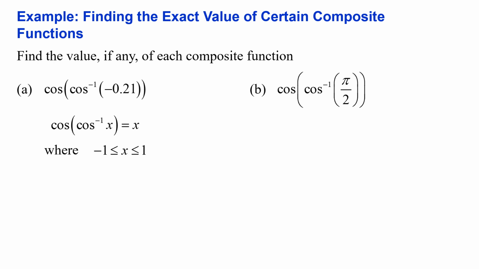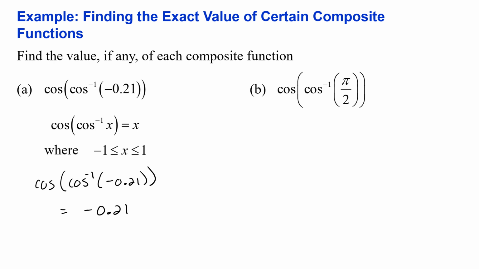For part A, x equals -0.21, which falls in the interval of -1 to 1 inclusive. Therefore, we conclude that cosine composed with inverse cosine of the quantity -0.21 equals -0.21.